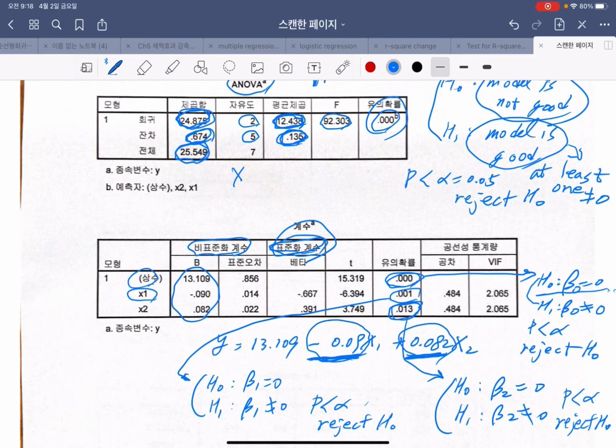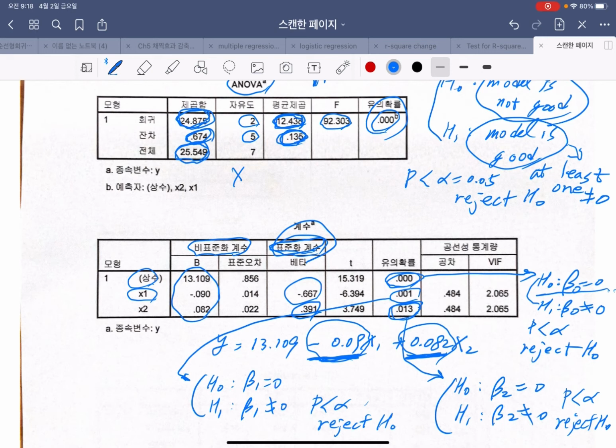Now, what are these? These are basically the standardized coefficients. This is useful to find the strength of the relationship between independent variables and the dependent variable.